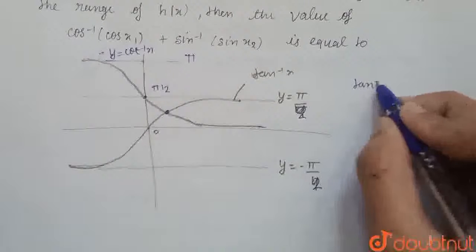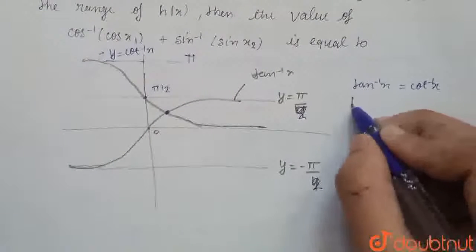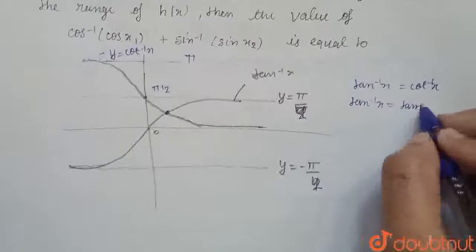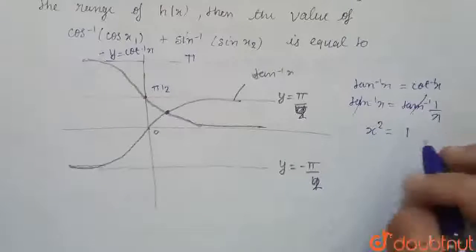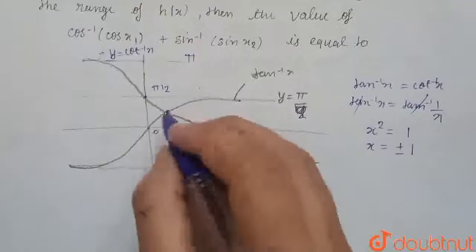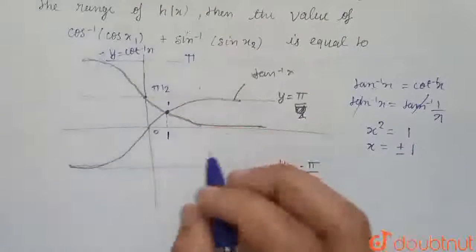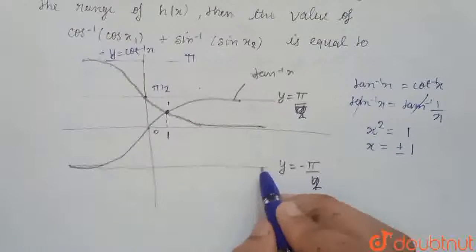Now see, we have to find the intersection point of these. For this, tan inverse x equals cot inverse x. So here we get tan inverse x equals tan inverse 1 by x. Now cancel this, we will get x equals 1, that means x equals plus minus 1. So it is in the first quadrant, so here we will get our value 1. Now this is minus pi by 2.